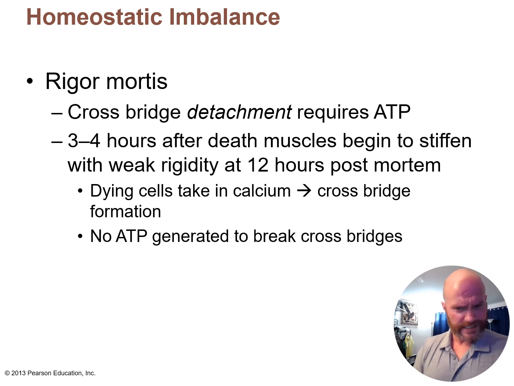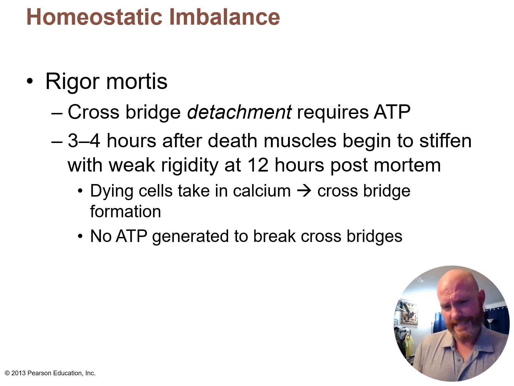Finally, no presentation by Professor Recore would be complete without some kind of clinical correlation. In this case, we're going to be talking about why rigor mortis occurs. Rigor mortis, which is the stiffening of a cadaver after death, occurs because of the lack of ATP in the person who has died.